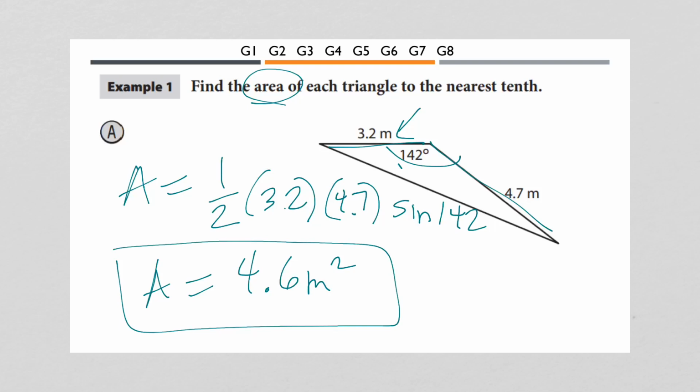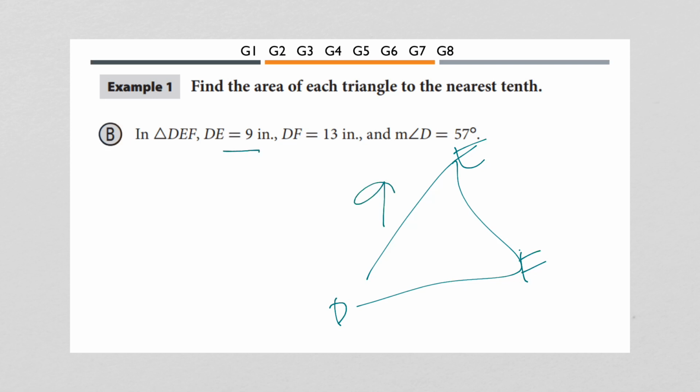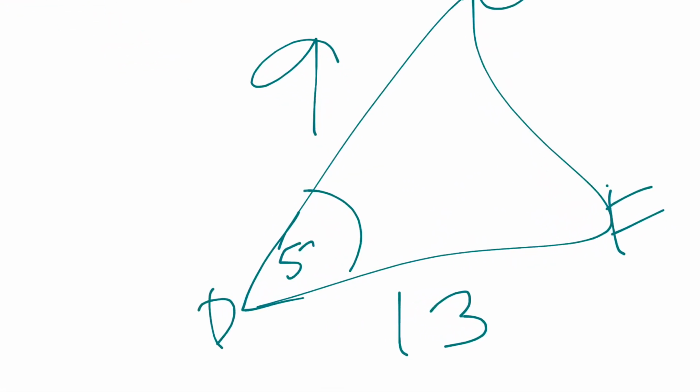Okay, let's do another one. This one doesn't give you the triangle, so I'm going to just go ahead and draw a triangle, D, E, F. And they tell you DE is 9, DF is 13, and angle D is 57 degrees.